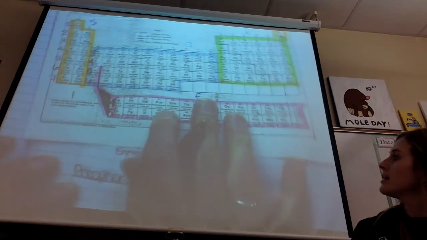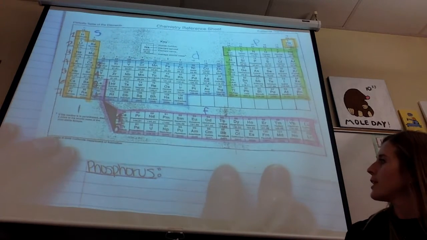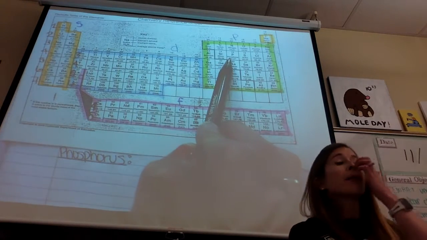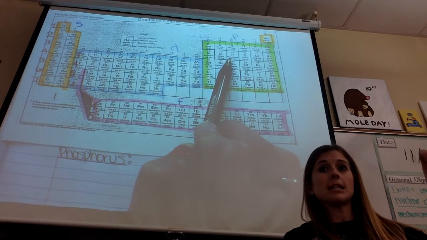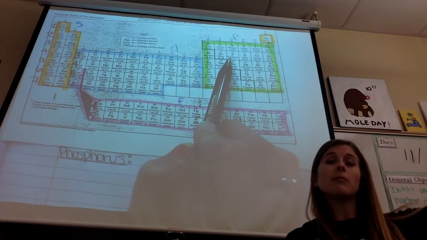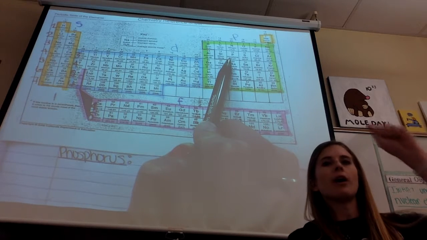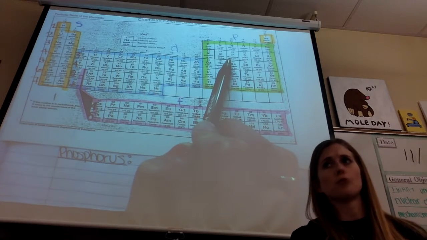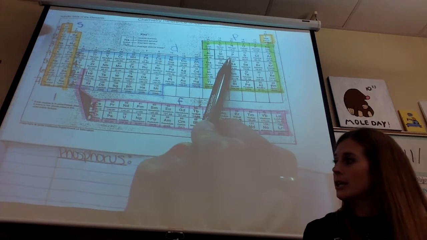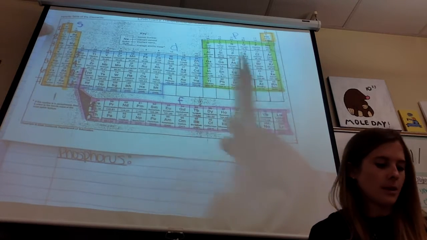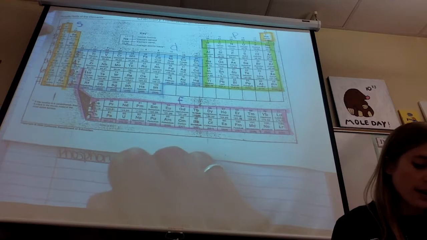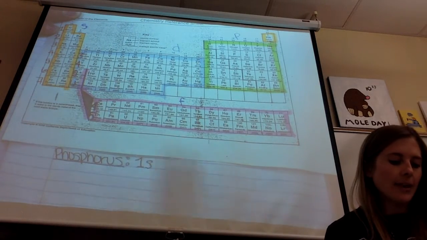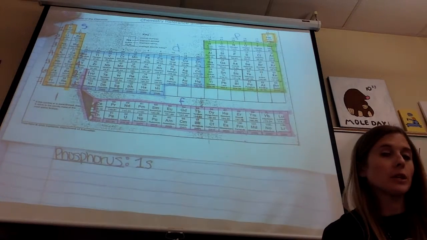Phosphorus. First off, we're going to find phosphorus on the periodic table, and it's right here. I'm going to follow all the same exact rules that I did with my diagram, but instead of actually drawing on the electrons, I'm just going to start writing them out in that electron configuration format. I'm going to start here at energy level 1. I'm in the block S, and there will be 2 electrons in there.